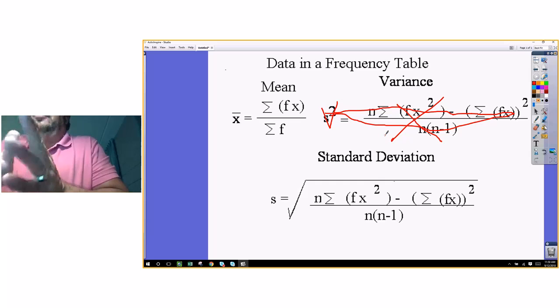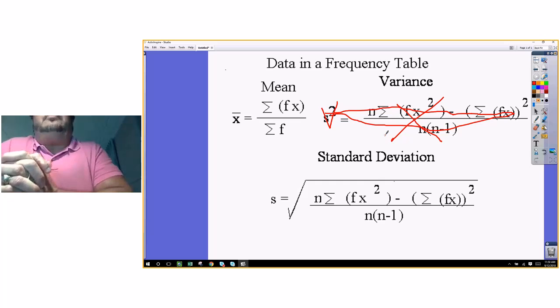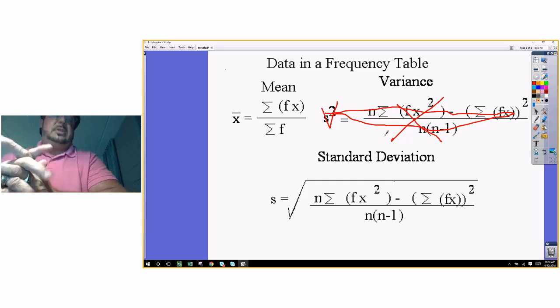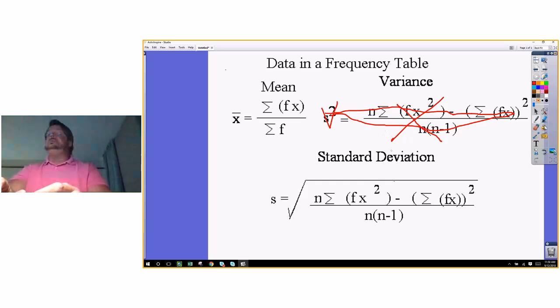I'm going to give everybody a few more seconds to write these two down. X bar, meaning the mean of a frequency table, is the summation of f times x, divided by n. Put a red dot right here, right here, and right here, because all of those f and x's have to be multiplied together.